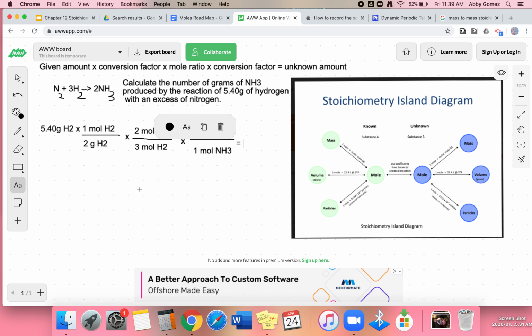So now, if you type this all into your calculator, you should come up with the answer.